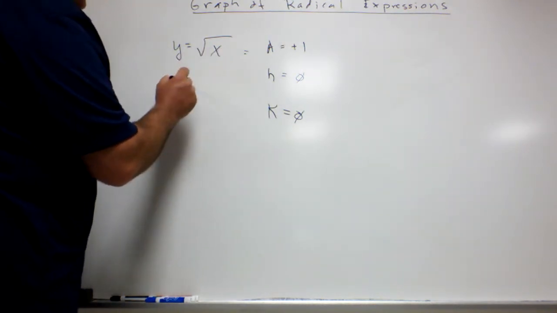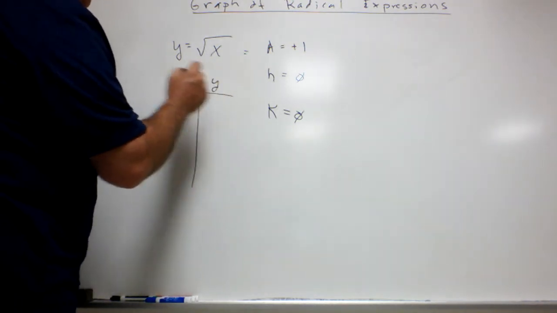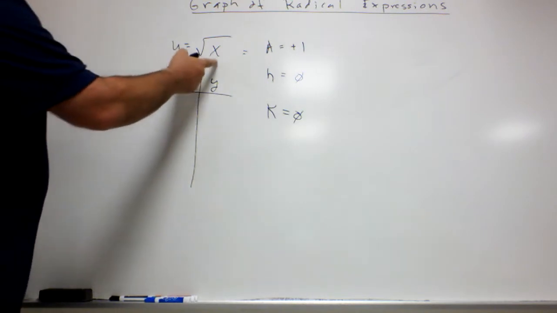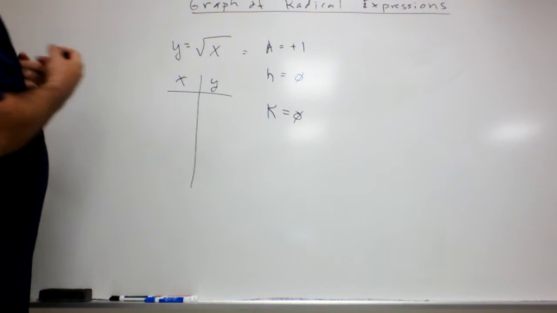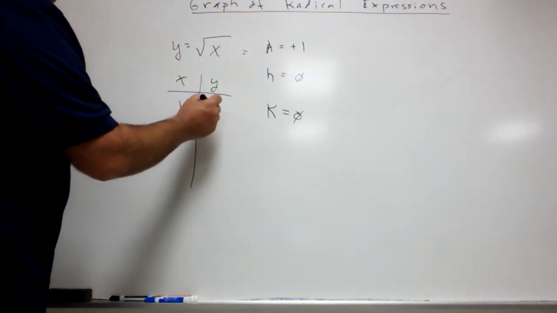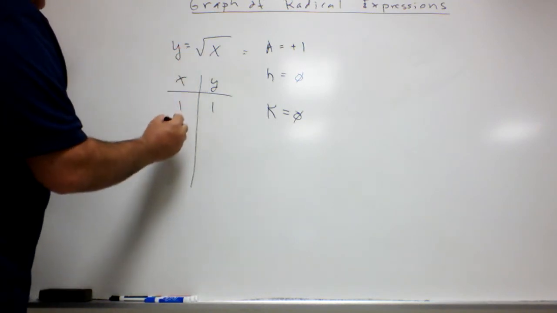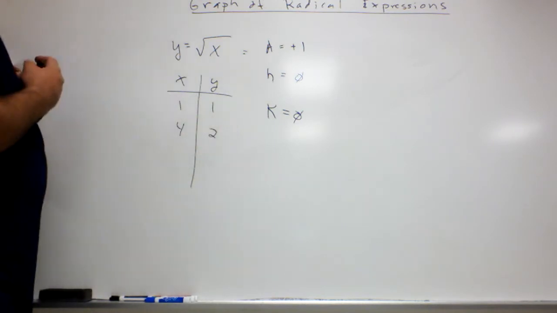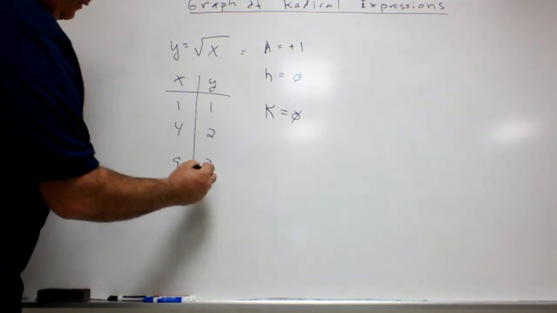We're going to make an x and y table, and we want to use smart, intelligent numbers for x, numbers that we can take the square root of. We know the square root of 1 is 1, so y is 1. If we put in x is 4, the square root of 4 is 2. And if we put in 9, the square root of 9 is 3.